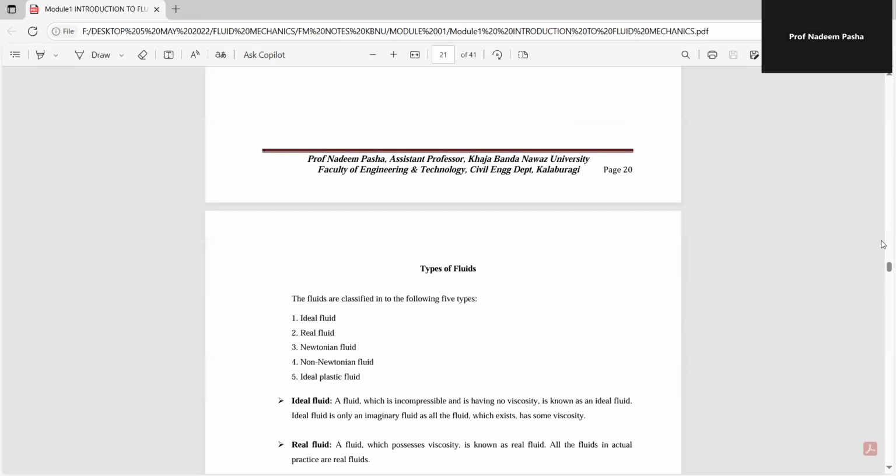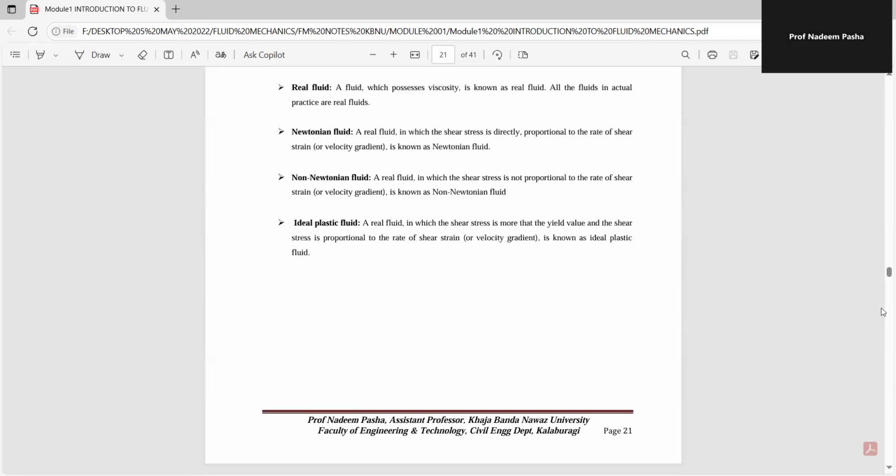Next, Newtonian fluid, nothing but a fluid which obeys Newton's law of viscosity, that is shear stress is directly proportional to shear strain. Next type of fluid is non-Newtonian fluid, which does not obey Newton's law of viscosity. Last but not the least, it is ideal plastic fluid. It is nothing but a real fluid in which the shear stress is more than the yield value, and the shear stress is proportional to rate of change of shear strain or velocity gradient.